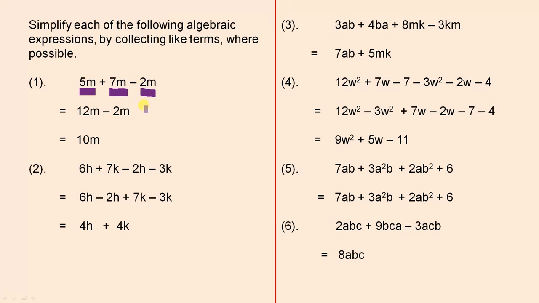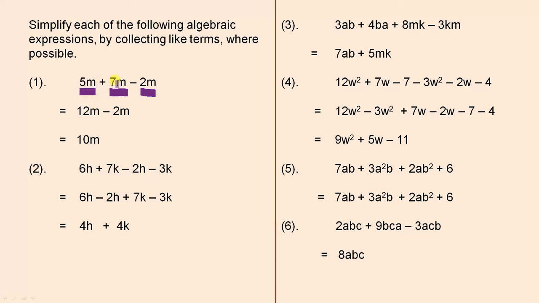In algebra, we are allowed to combine like terms with respect to addition and subtraction. I repeat, we can combine or simplify an algebraic expression that has like terms when we're dealing with addition or subtraction. So 5m plus 7m is 12m.